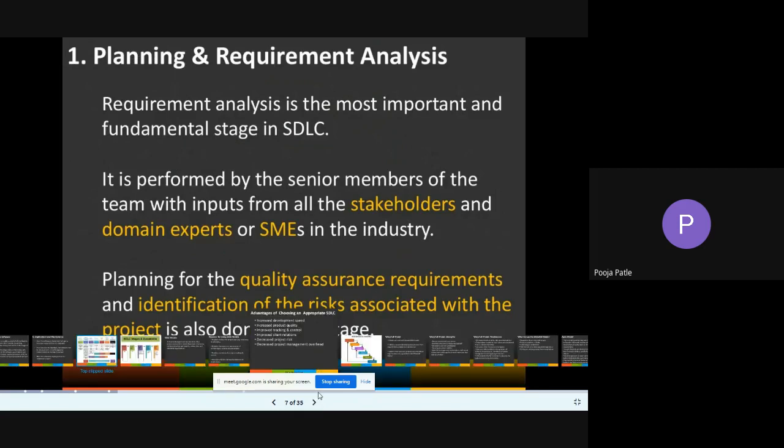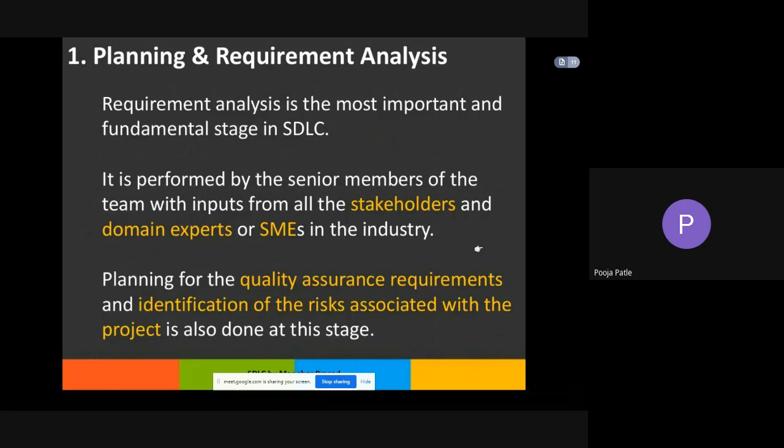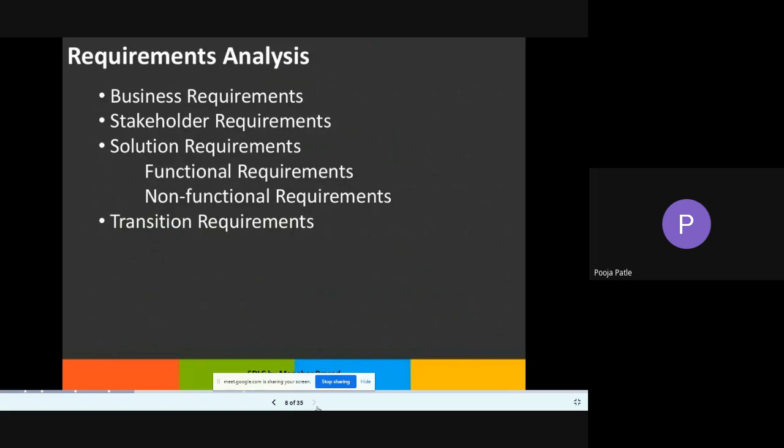As I said earlier, requirement analysis is the most important and fundamental stage in SDLC. It is performed by the senior members of the team with inputs from all the stakeholders and domain experts or SMEs in the industry. Planning for the quality assurance, QA requirements, and identification of the risks associated with the project is also done at this stage.